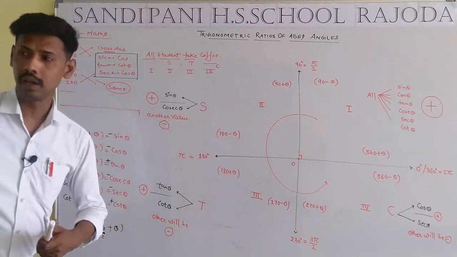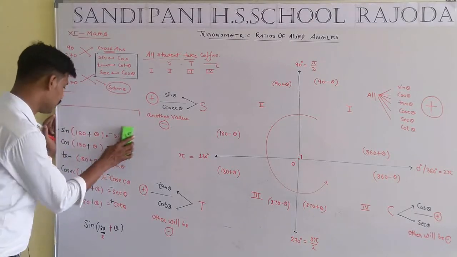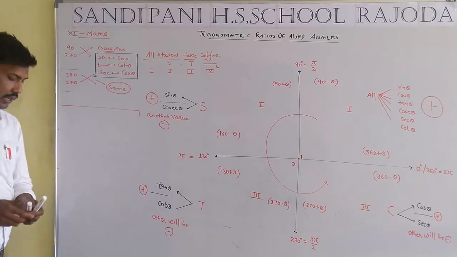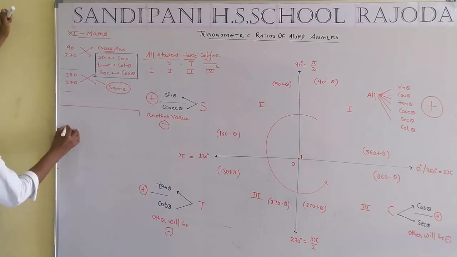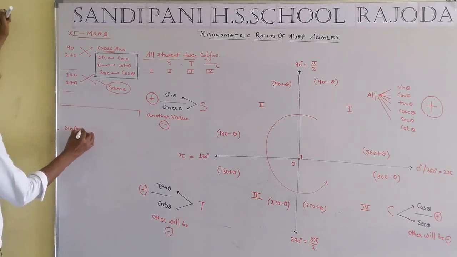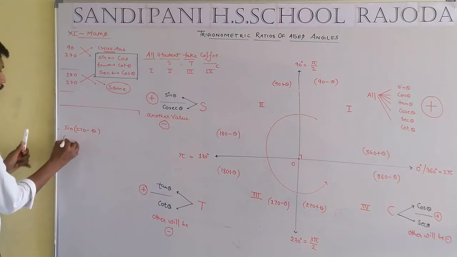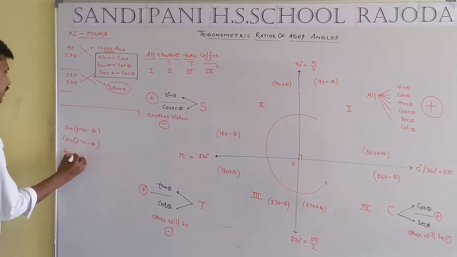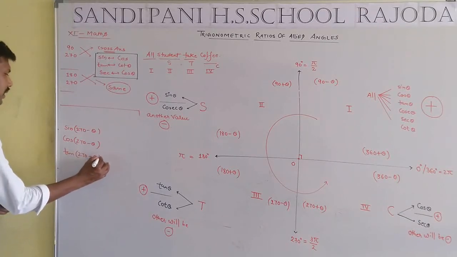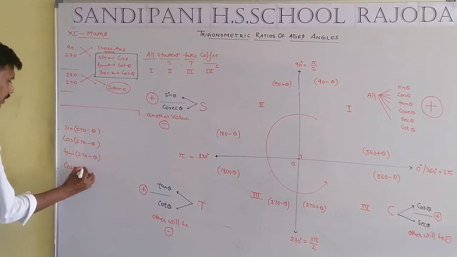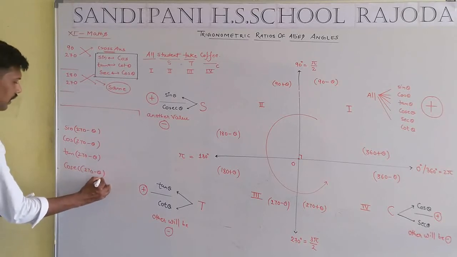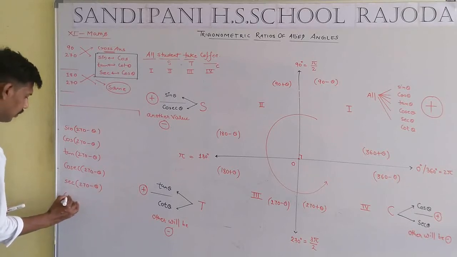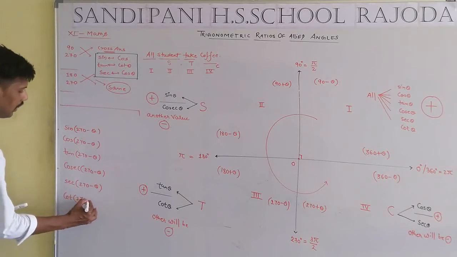Now we move to another form, 270 minus theta. What about the 270 minus theta? Sin 270 minus theta, cos 270 minus theta, tan 270 minus theta, cosec 270 minus theta, sec 270 minus theta, cot 270 minus theta.